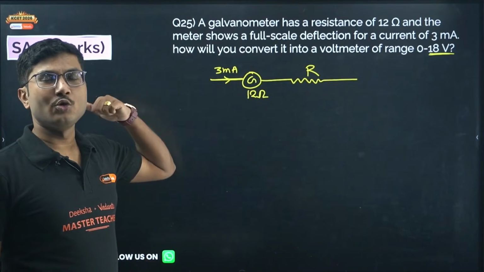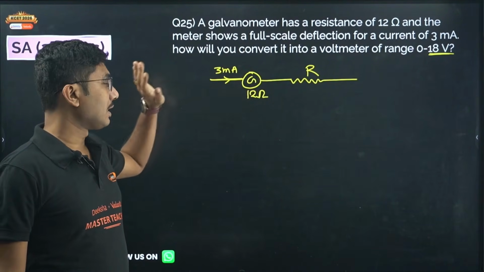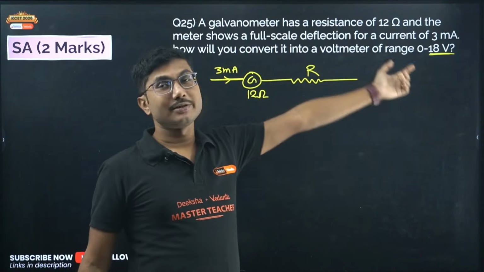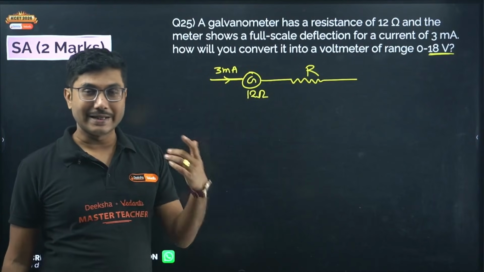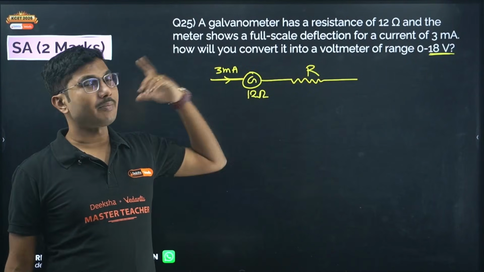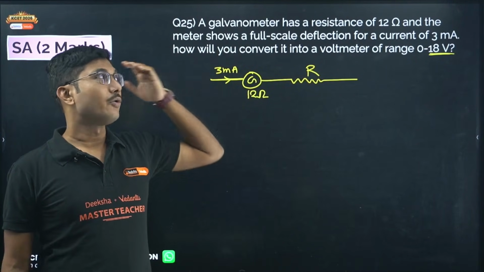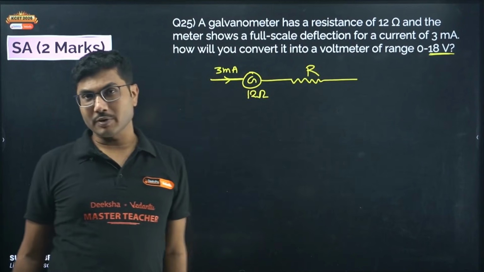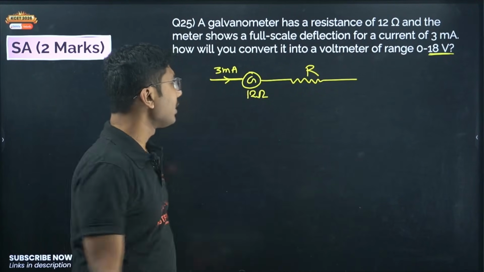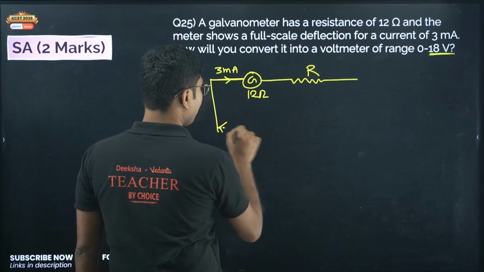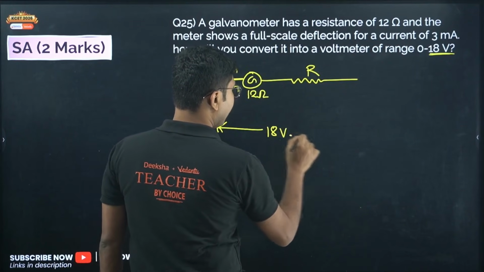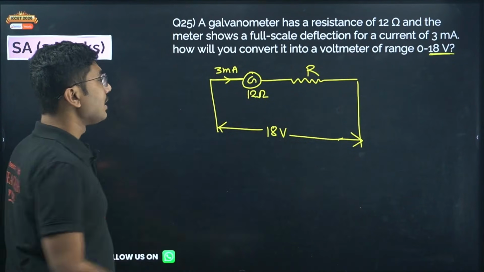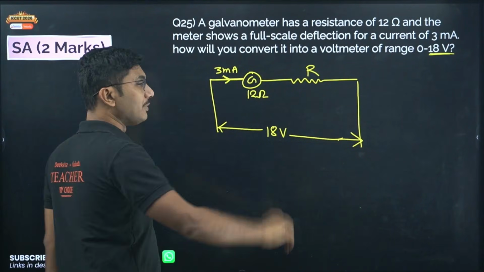Now remember that no matter what, the maximum current through the galvanometer cannot exceed this milliampere rating, whatever rating of the galvanometer. This is the maximum allowed current through the galvanometer. Okay, and if you are trying to measure 18 volts through this galvanometer, that means when 18 volt is applied across this combination of the system, then the current in the circuit will be 3 milliampere.